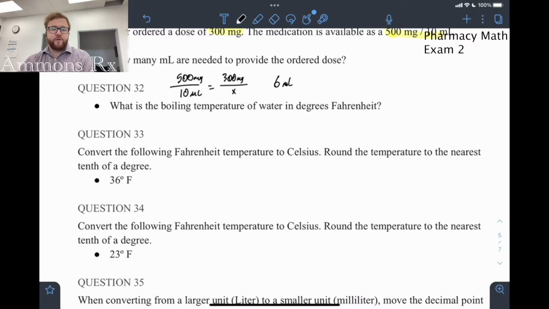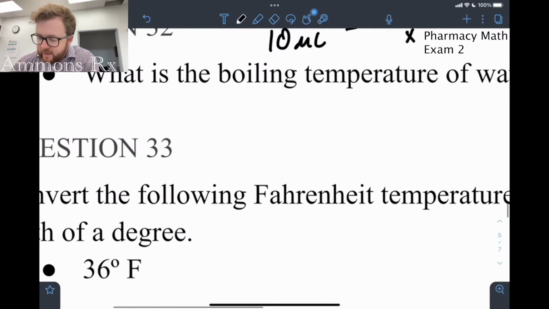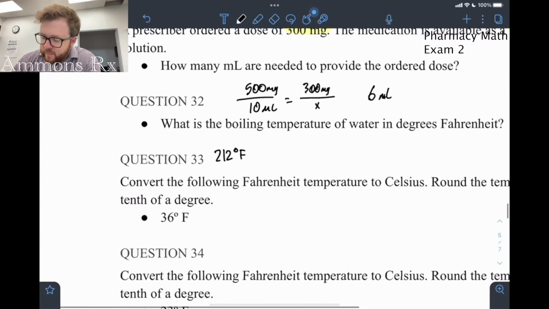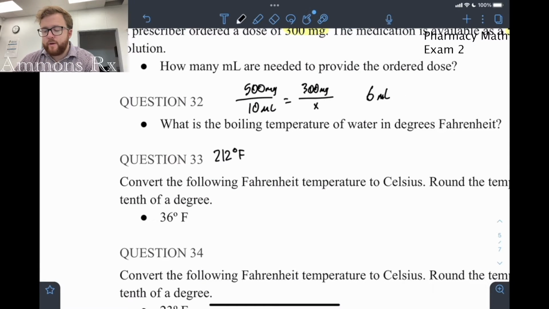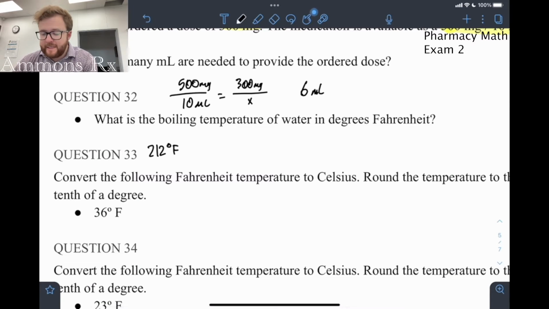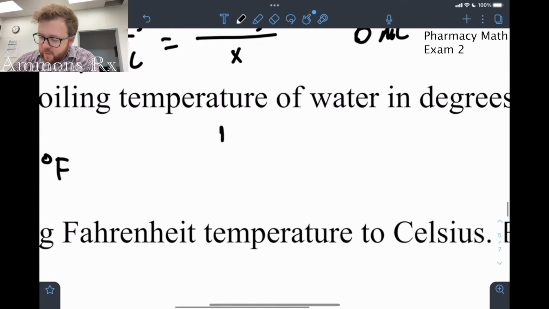Boiling temperature of water in degrees Fahrenheit. So once again, this is going to be something that you're going to have to memorize. I already have it as 212 degrees Fahrenheit. But for those of you who don't have it memorized, something that is easy to remember is 100 degrees Celsius.